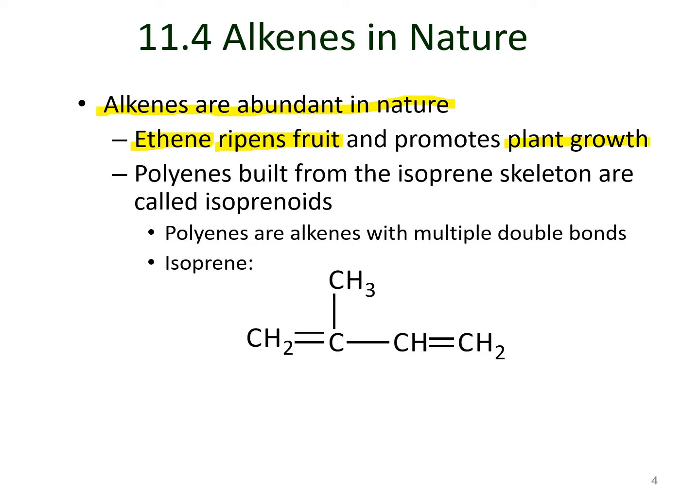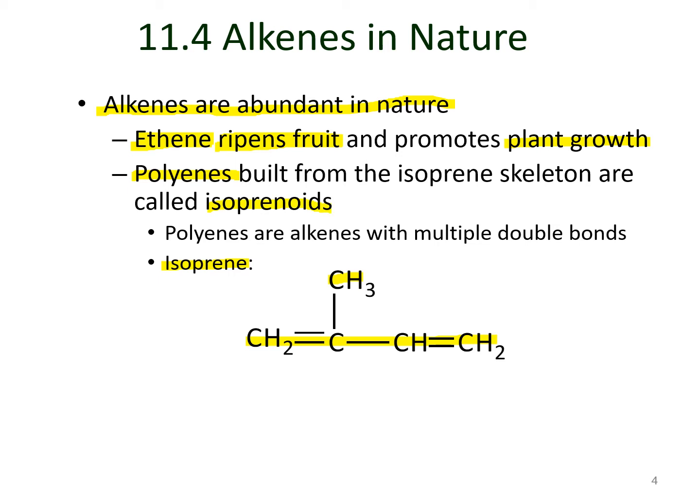Then there are polyenes built from the isoprene skeleton, and the structure shown here at the bottom is isoprene. This can be important for exam purposes. The diagram can be there and you can be asked what structure it is. It is known as isoprene. So these isoprenes can join together to make big structures known as polyenes or isoprenoids.